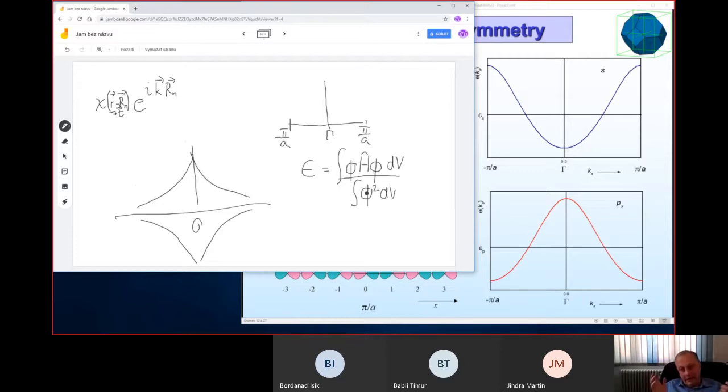If they are assumed to be orthogonal, then it means that the overlap is equal to 1 if the same atomic orbitals are considered, and it is equal to 0 if we apply this integral for different orbitals sitting on different sites. But let's define it in this general form.